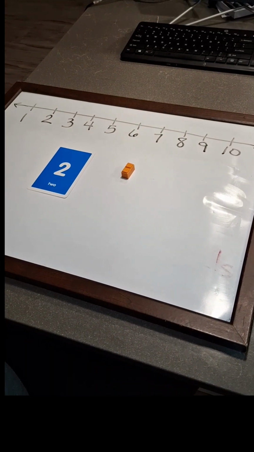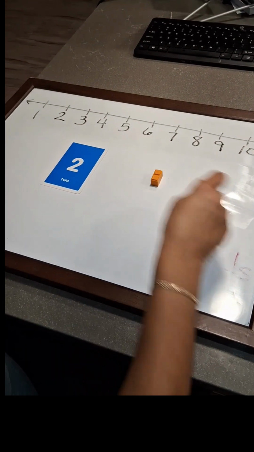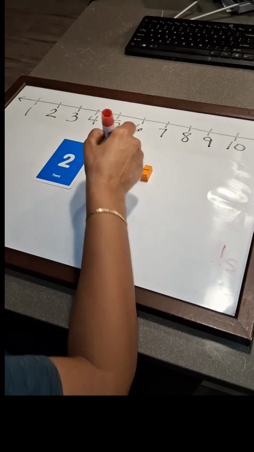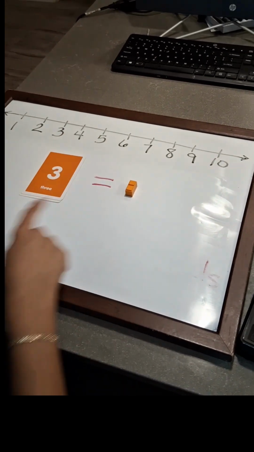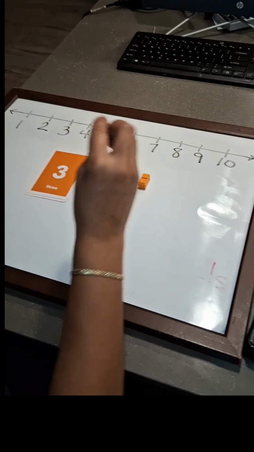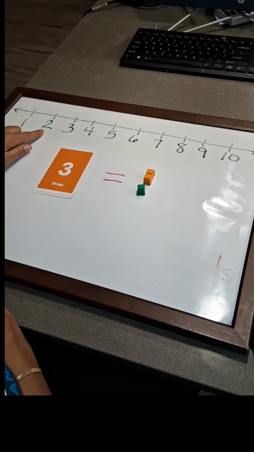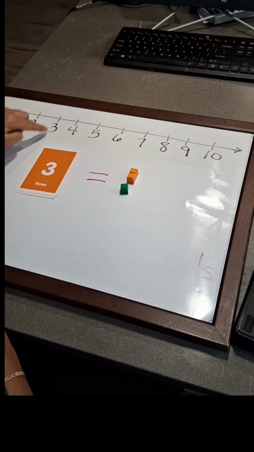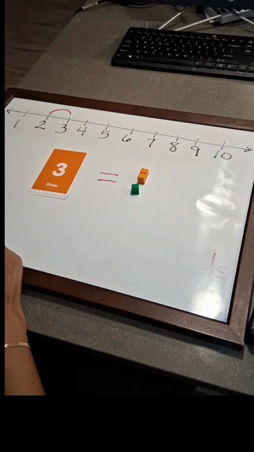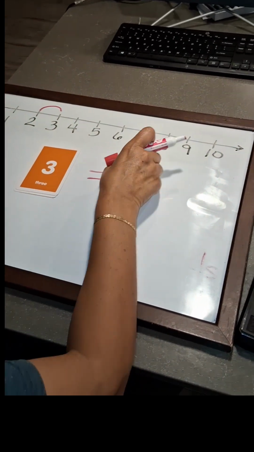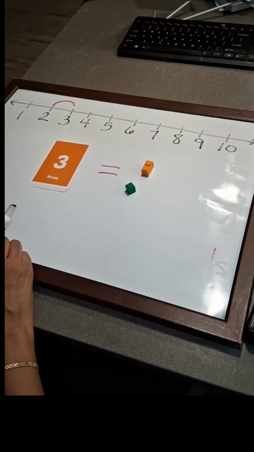Okay? So 2 is equal to 2. 3 is equal to 2 plus 1 more. Start with the 2, just jump 1 more, now we'll get to that 3. 2 plus 1 more is 3. Okay?